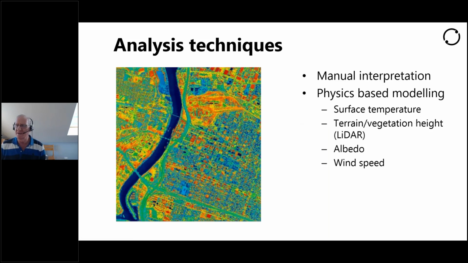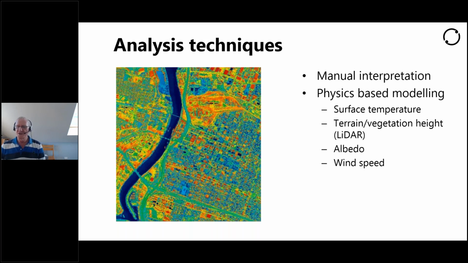I'll move on to talk about another type of analysis technique, which I would say is physics-based modeling. And this is appropriate where you have a really good understanding of the physics relating the data received by the instrument to the parameters that you are seeking. So things like surface temperature, it's well understood. You may have to do some atmospheric calibration, but the physics is pretty understood.